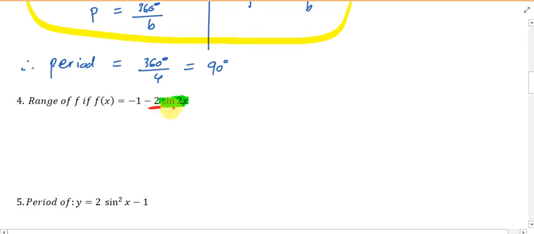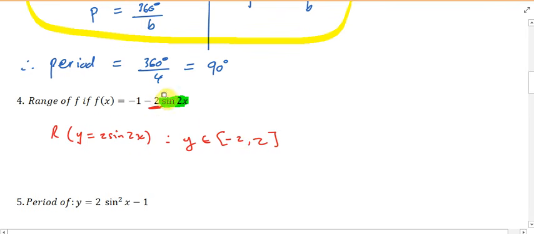So the range of y equals 2 sine 2x is basically y is an element from minus 2 to 2. In other words, the minimum value is minus 2 and the maximum value is 2.